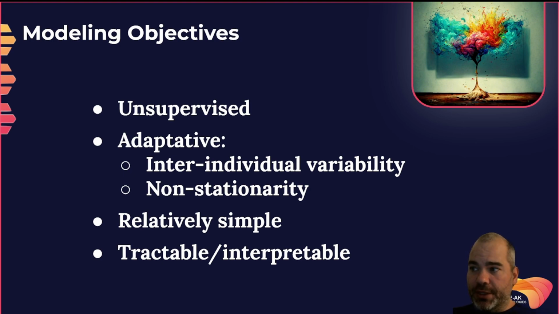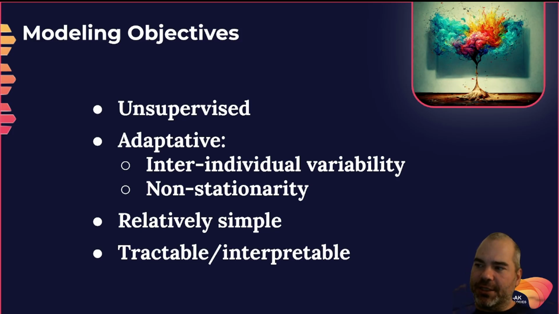We'd prefer something relatively simple. Try simple things first. We need something that is sufficient, that works well. We don't need to over-engineer, over-design the system. And ideally, we also prefer something that is tractable, interpretable. That is, if we use a complex algorithm, sometimes it becomes a black box. It works or it doesn't, but when it doesn't work, you don't know why.